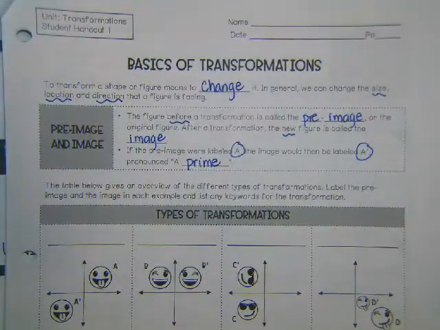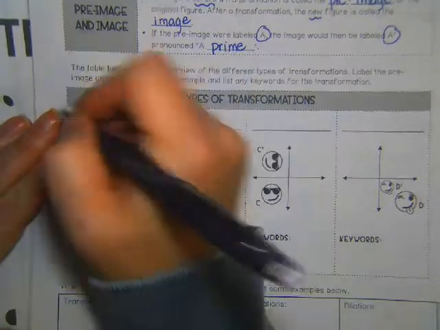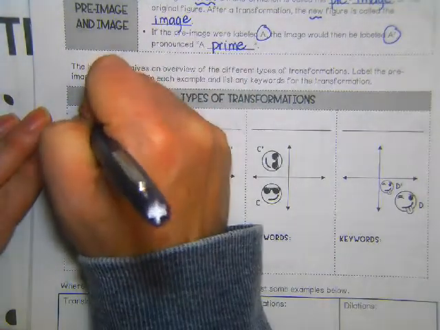All right, the table below gives an overview of the different types of transformations. We're going to label the pre-image and the image in each of these examples and then list any keywords for the transformations. All right, this first one is called a translation. Here's our translation.